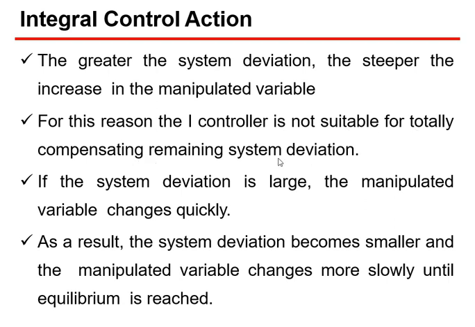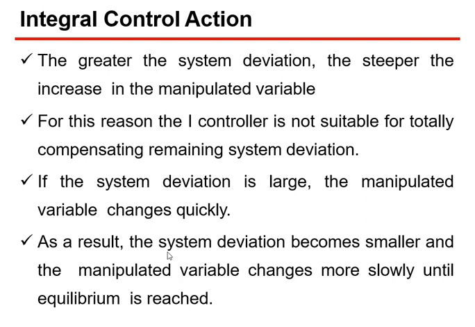If the system deviation is large, then the manipulated variable changes quickly. Again, if it is very large, there are chances that the manipulated variable changes quickly, based upon the input deviation that you apply.